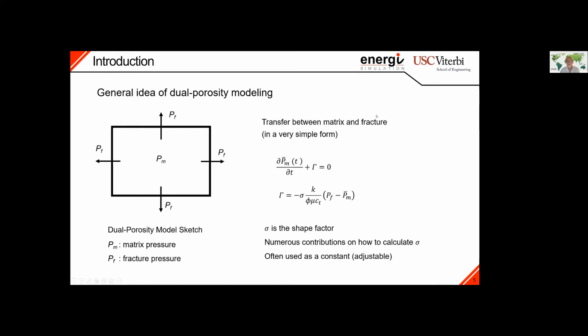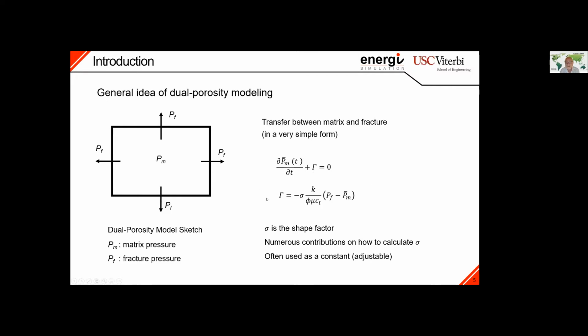Now, the transfer between matrix and fracture can be described directly with single porosity modeling and fine-grid solutions, but we have worked for many years with dual porosity representations, where we look at an average response of what is inside the matrix block as a function of time through the application of transfer functions.